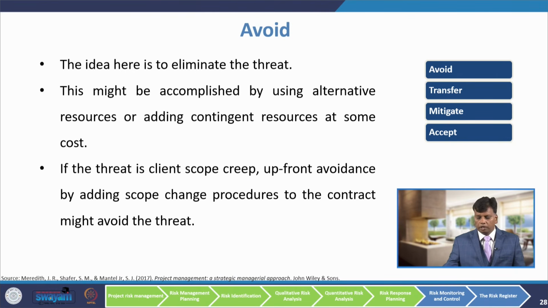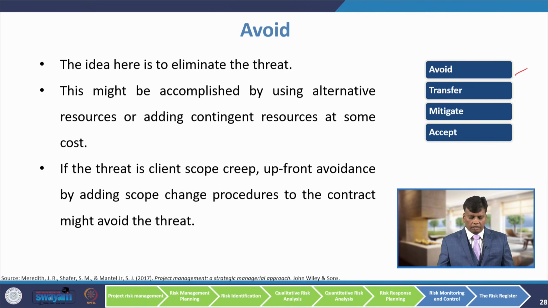For example, if it is a threat, the first strategy you can use is to avoid it. The idea here is to eliminate the threat. This might be accomplished by using alternative resources or adding contingent resources at some cost. So, you can have some redundant resources, and that risk can be avoided.